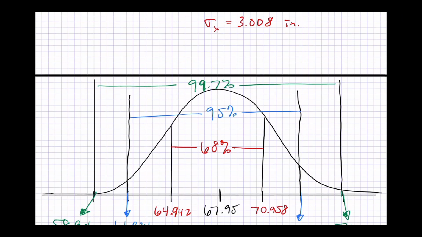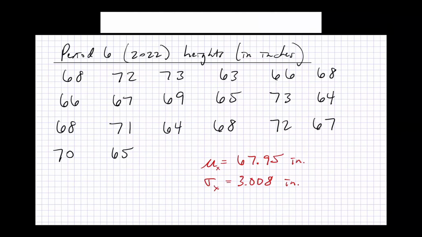So let's see, 65, one more time. 65 to 70. 1, 2, 3, 4, 5, 6, 7, 8, 9, 10, 11, 12? 12, okay. So there's 12. 12 out of 20 is 60%.